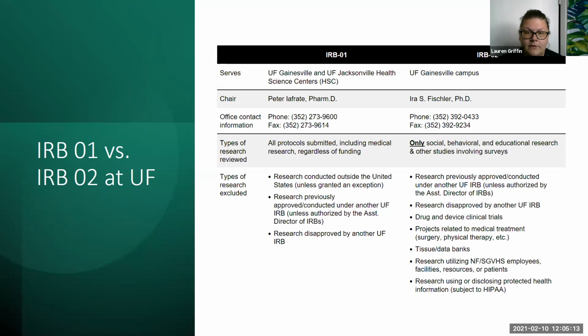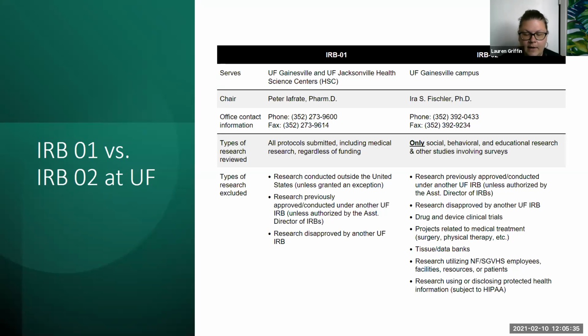So this is kind of a general overview of the IRBs and what specifically they do. IRB 01 is sort of the major biomedical IRB. So if you're doing research on drugs or devices, if you're doing things that involve collecting medical information on anybody, this will be the IRB that you're going to be submitting to. IRB 02 is social and behavioral research. So things that involve questionnaires or surveys.